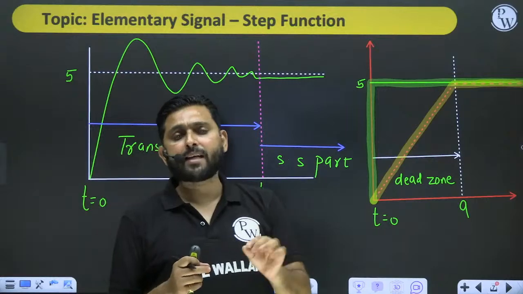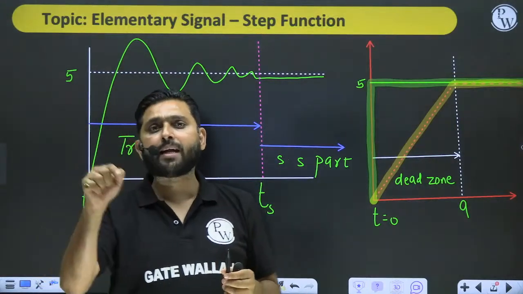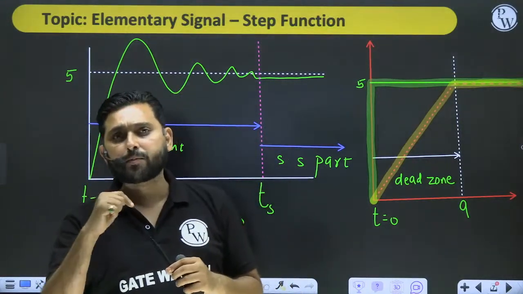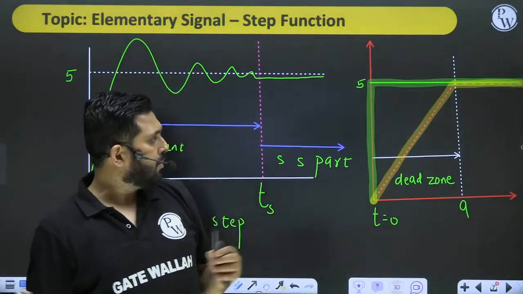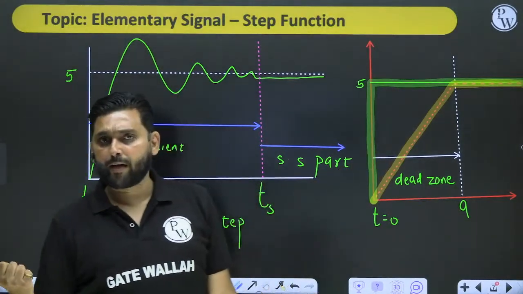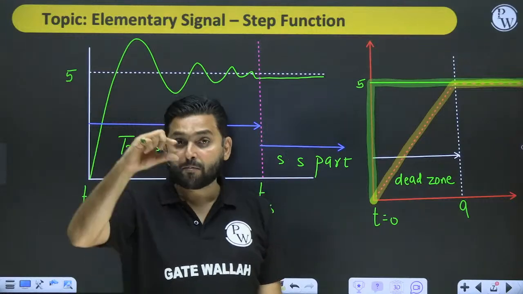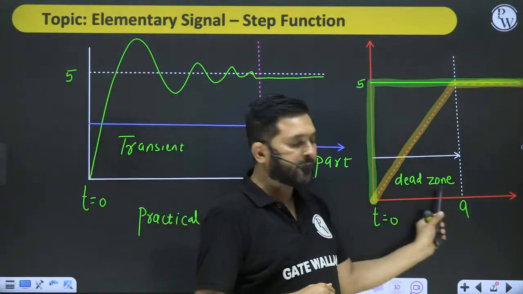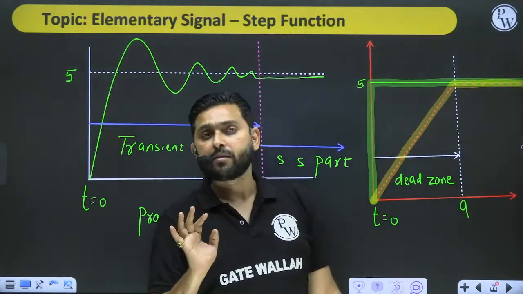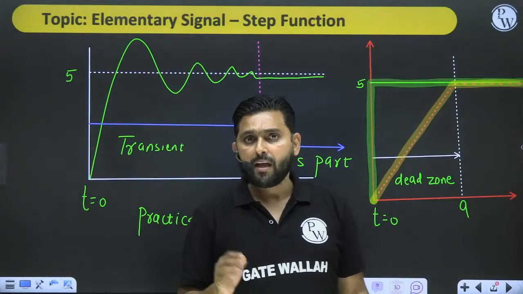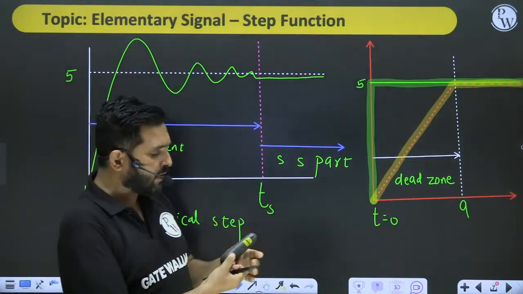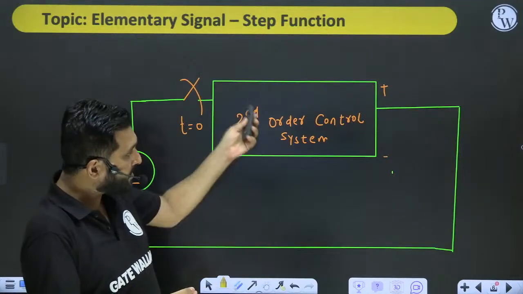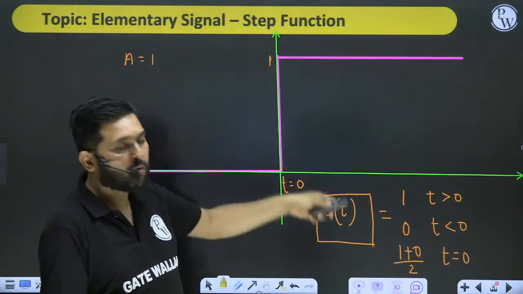It will not be that if you ignite the engine it attains 100 miles per hour or 100 kilometers per hour instantly. It will take some time, and that time is denoted by the dead zone. That's how the transient part of a system comes into the picture. Is it clear? These are the practical things, and the ideal things are what you encounter in your course.